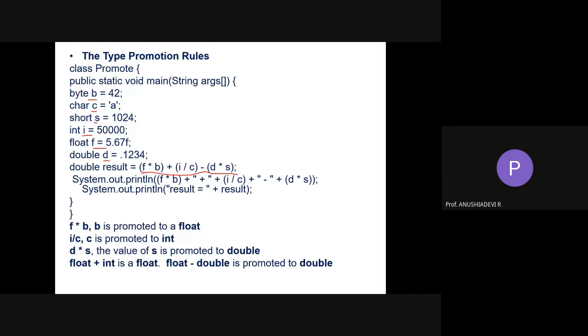Here I have two types: one is floating point type, another is byte type. The higher range type is floating point, so B is converted to floating point and multiplied with the floating point. The result finally becomes floating point, and B is promoted to float.